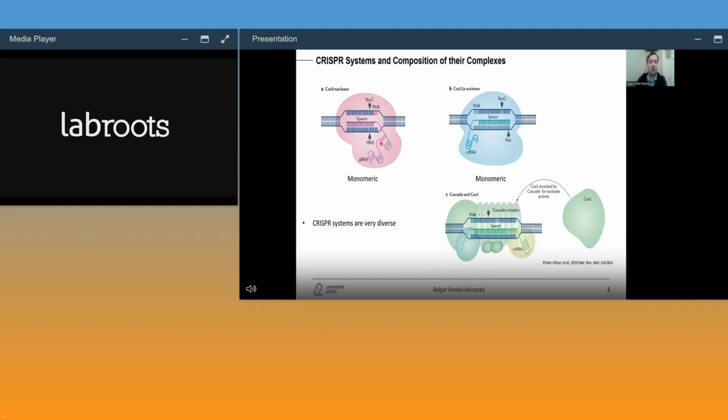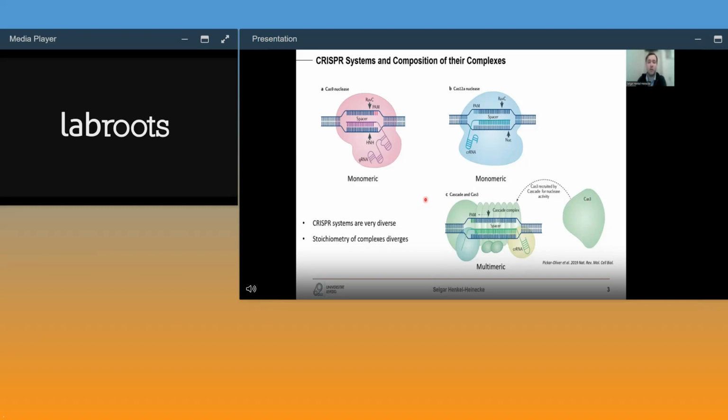And of course, they then form a bigger complex, but it's more or less monomeric. And we also have Cascade, which is a multimeric protein, or has a multimeric domain structure here. And for nuclease activity, it has to recruit another protein, the Cas3. As we see here, the complex stoichiometry is diverging.